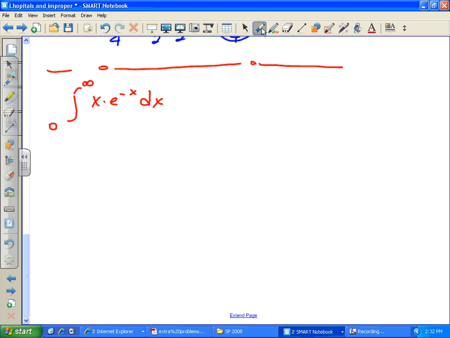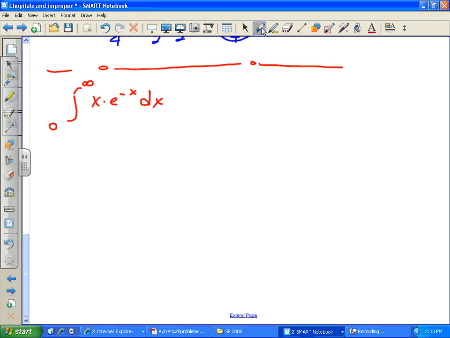Okay. Once again, forget about the limits. How would you normally integrate x times e to the negative x? Can we use u substitution? The answer is no. Can we use integration by parts? And there the answer is yes.